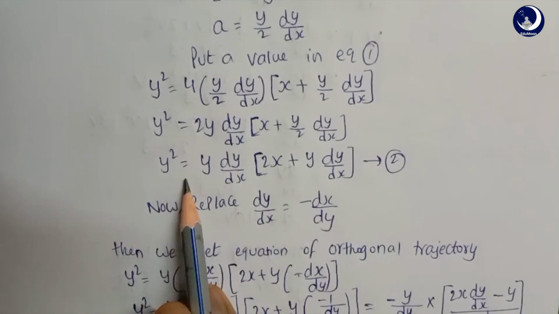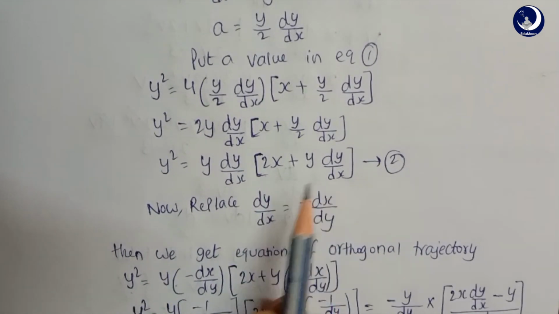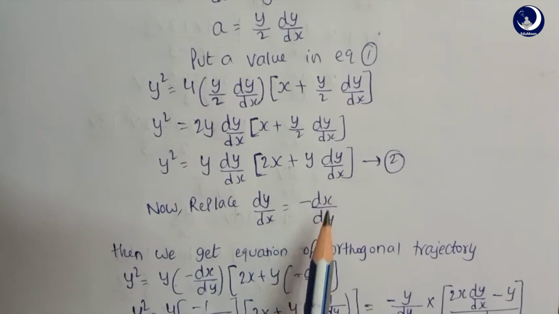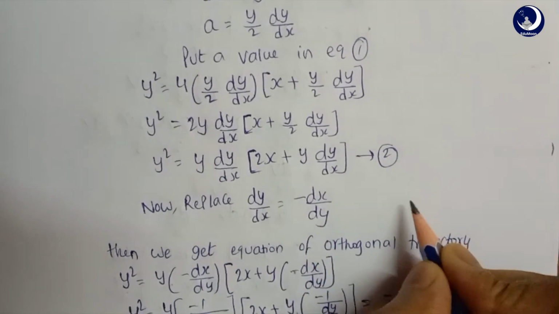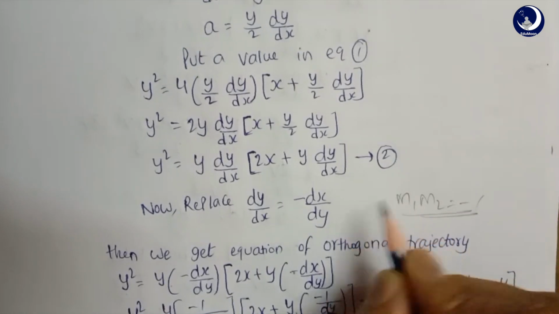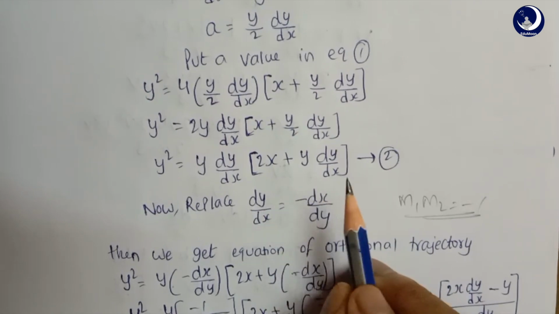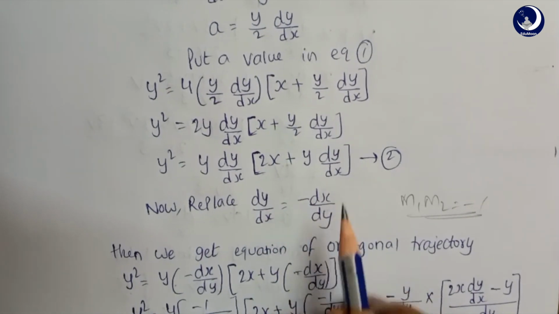That means you got the whole function in x and y terms. Now replace dy by dx with minus dx by dy. You already know m1 m2 equal to minus 1, so m1 means dy by dx, m2 means minus dx by dy. That's why we have to replace dy by dx with minus dx by dy.